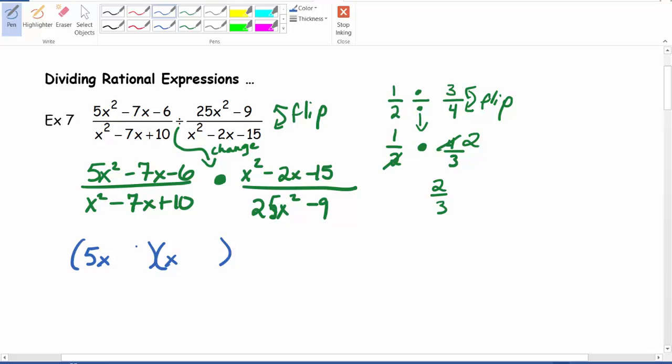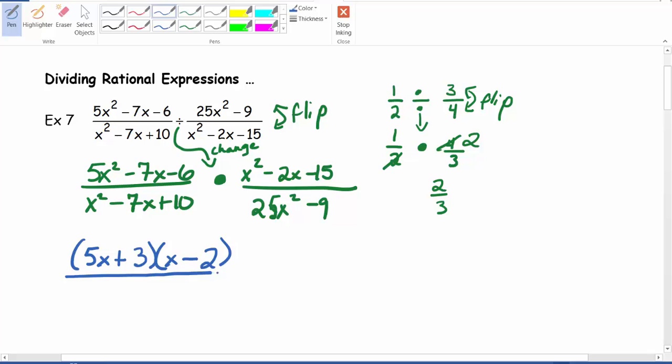I'm thinking 3 and 2, and I'm thinking 2 is going to go here, and 3 will go here, because that'll give us 10, this is 3, that should combine to give us that 7 that we're hoping for. Now looking at the signs, we have to have -10, so we're going to make this 2 negative, and this 3 positive. When we factor out this top left piece, we should get 5x plus 3 times x minus 2.